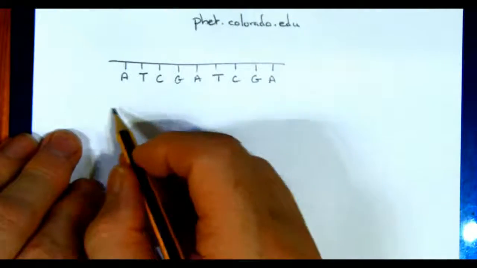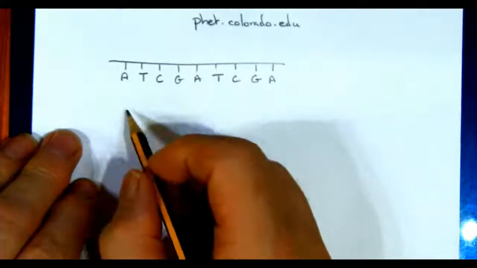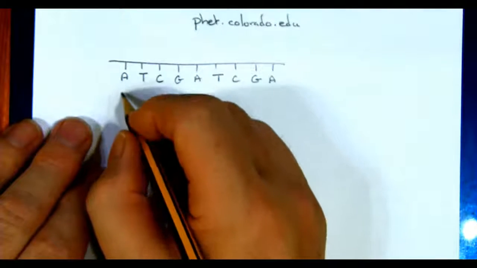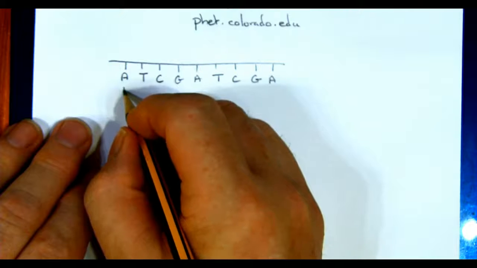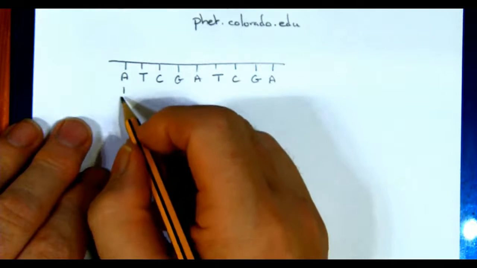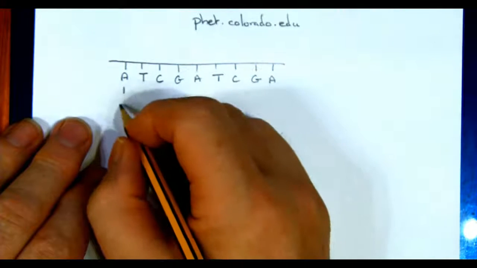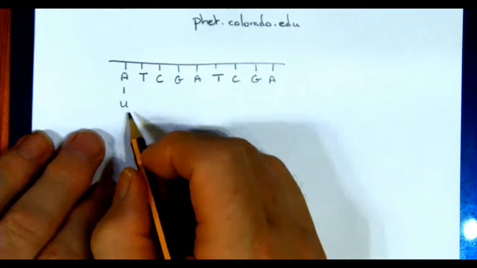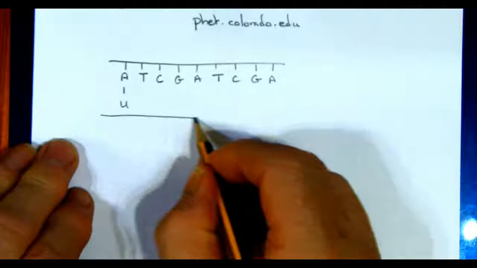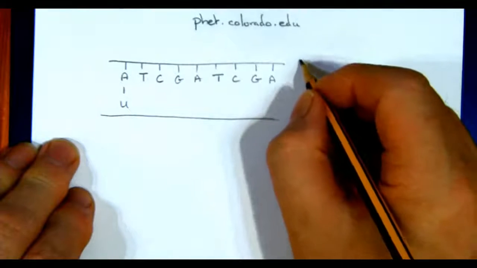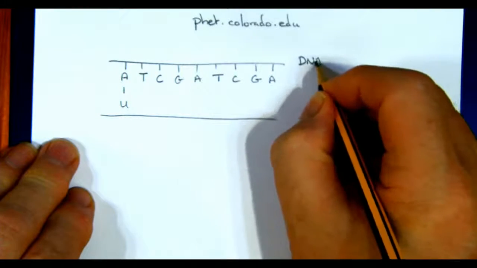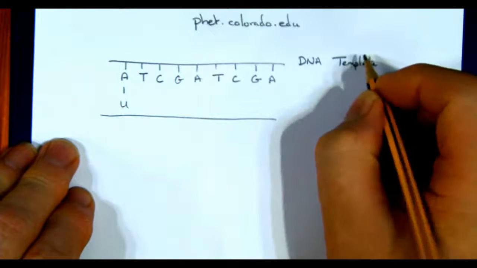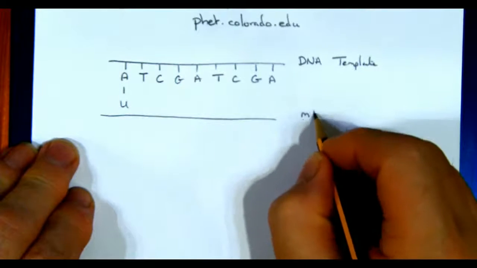It's unzipped, and what happens is this RNA polymerase comes along, and for every A, instead of producing an A, it's going to make a different base, U, because this is going to be RNA. So this is our DNA, which acts as our template for the gene, and this is our piece of mRNA.